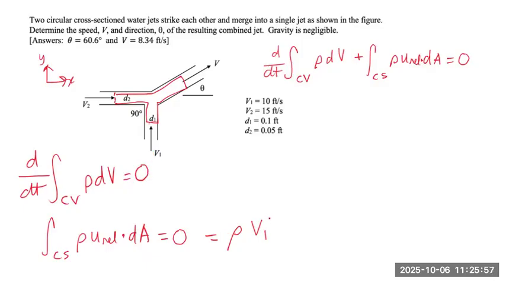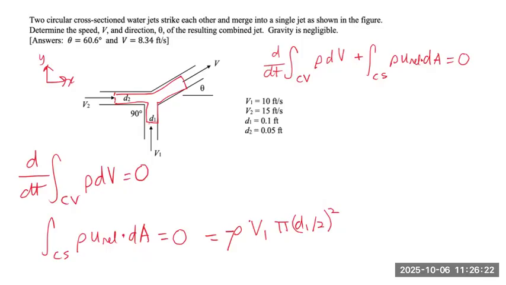And cosine of 180 is -1. So it's going to be negative rho V1 times dA. dA is going to be pi times (d1 over 2) squared.